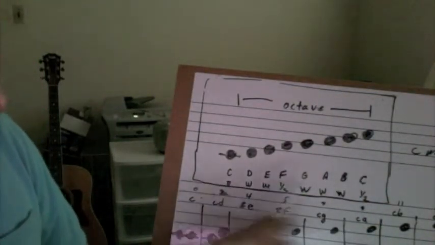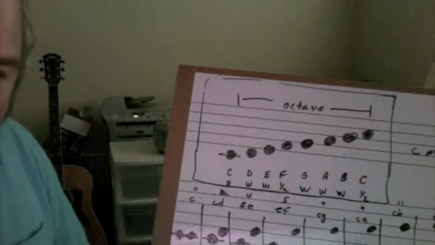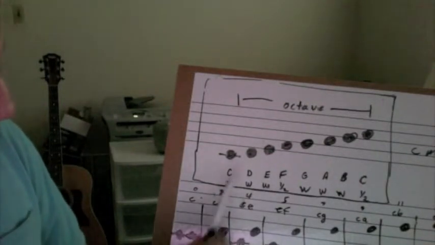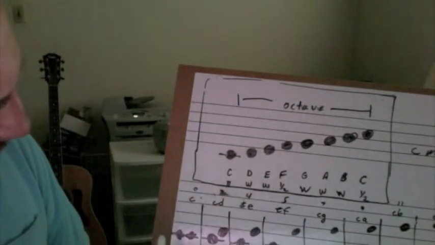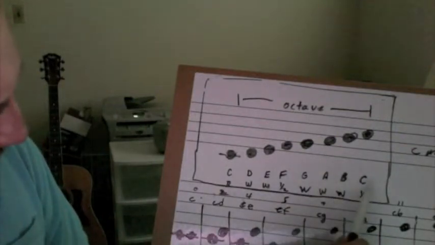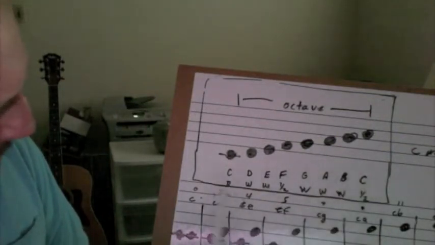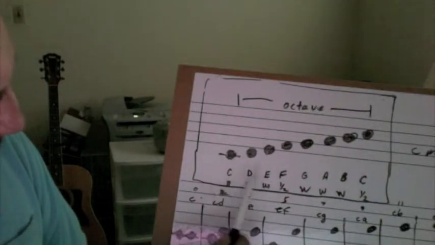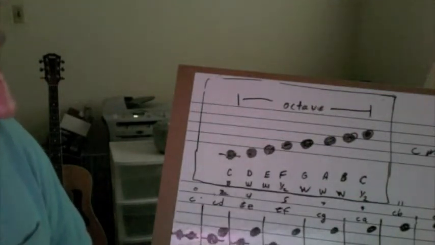That's the number of half steps in between each note. So in between an E and an F, and a B and a C, there's a half step. Between every other natural note is a whole step.